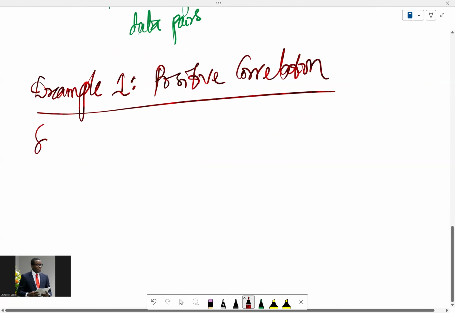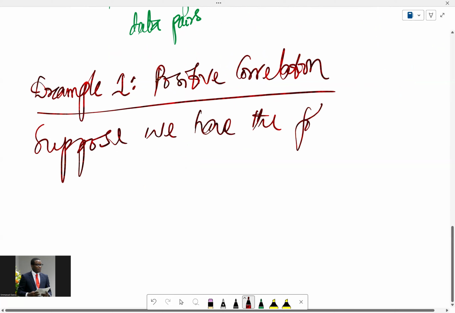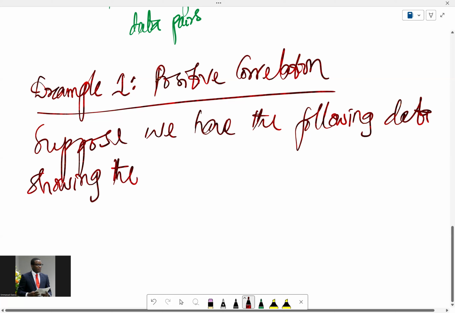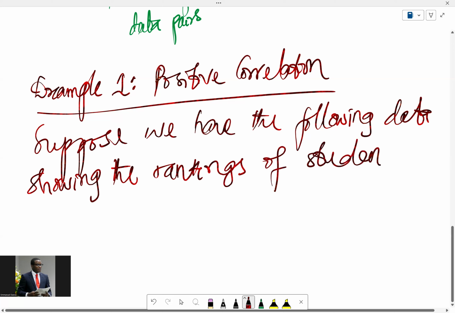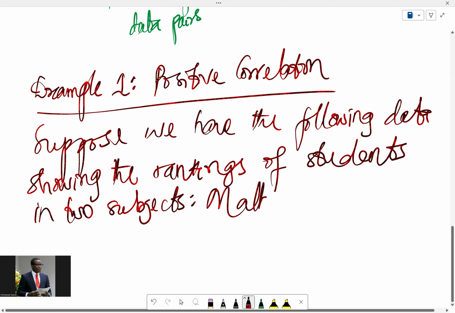Suppose we have the following data showing the rankings of students in two subjects, say mathematics and English.